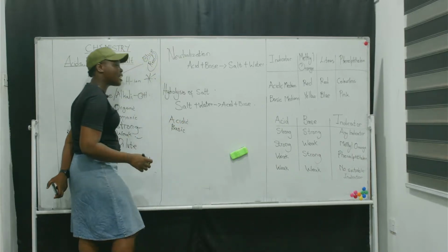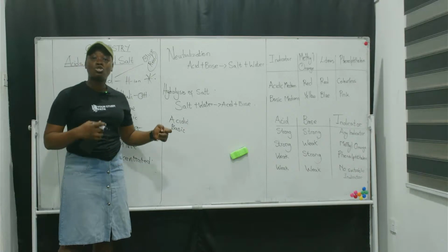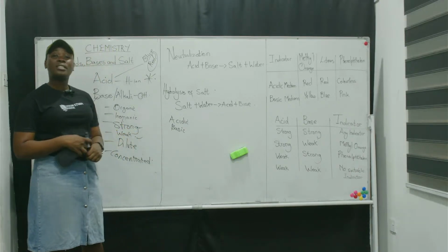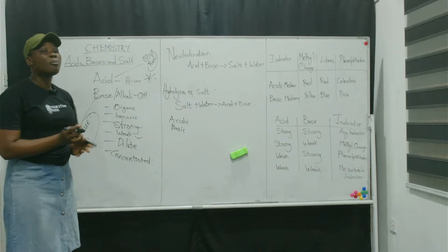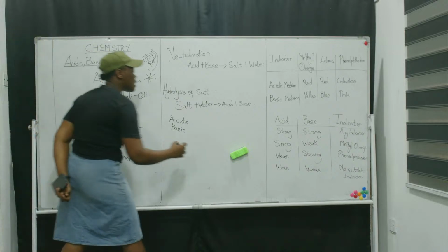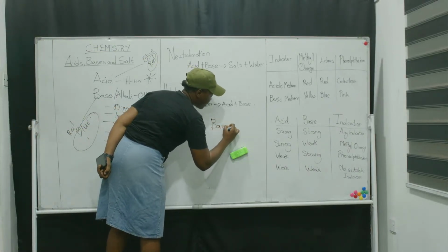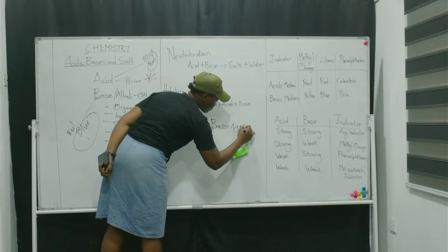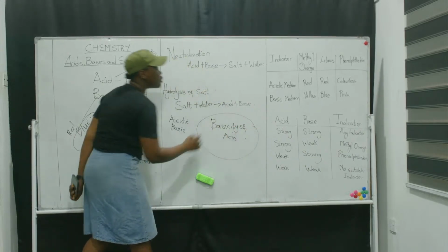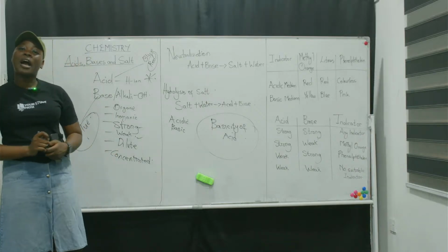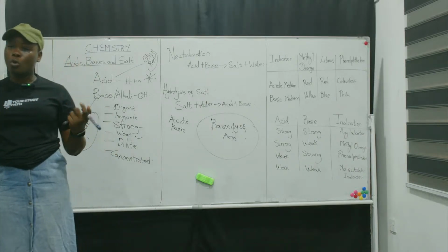When it is acidic, that means the acid in it is strong. When it is basic, that means it contains a strong base. Before moving ahead, I also made mention of basicity of acid. I said basicity of acid is the number of replaceable hydrogen ions in one molecule of acid.